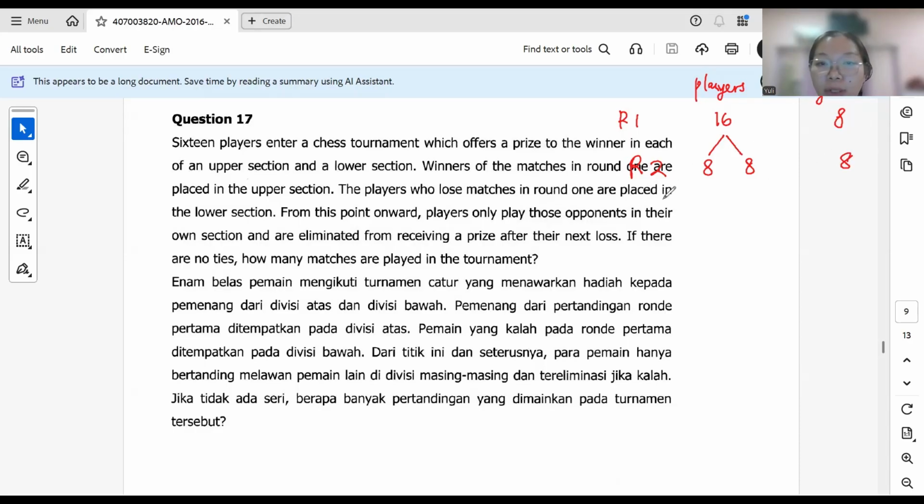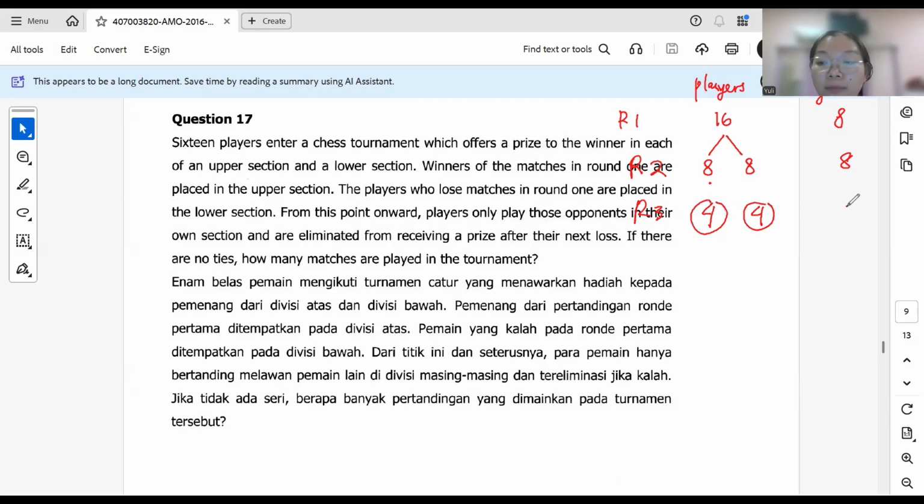And then for round 3, the losers are going to be eliminated after round 2. So you will find 4 winners from the upper section and 4 winners from the lower section, right? Because the other 4 will be lost. So you're going to have 2 games from here and 2 games from here.